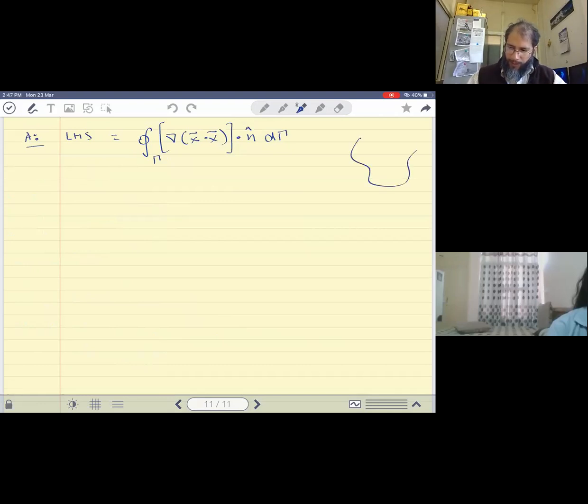So if you have a body and it has a closed surface gamma, and the body has a volume omega, you have to show that the left hand side is equal to 6 times the overall volume.